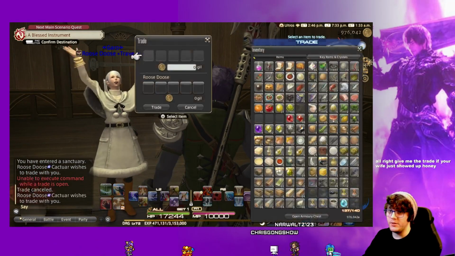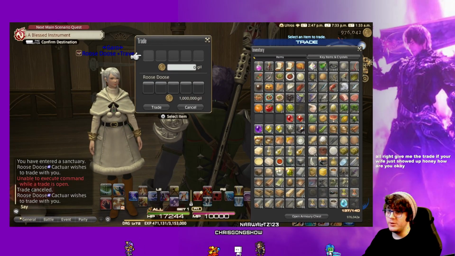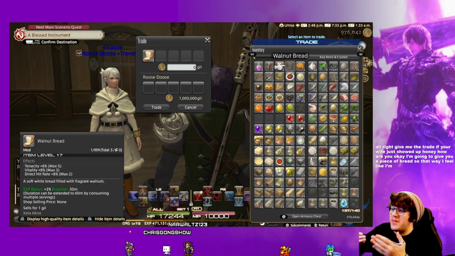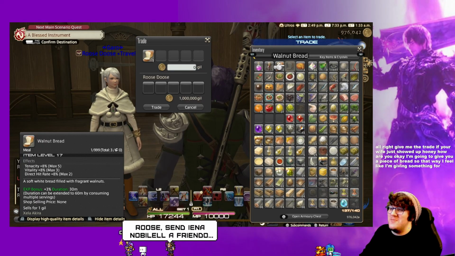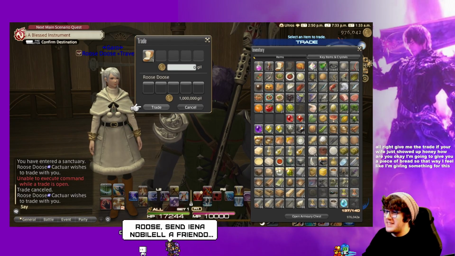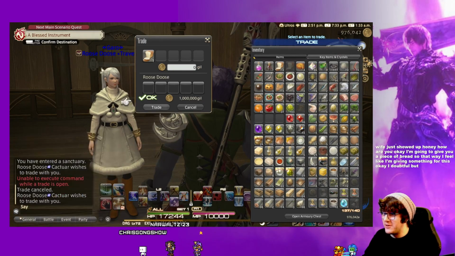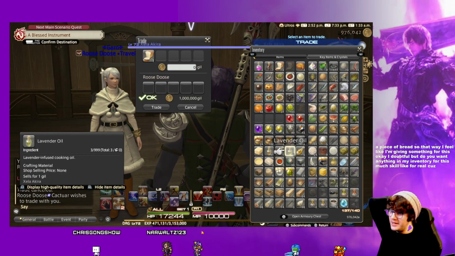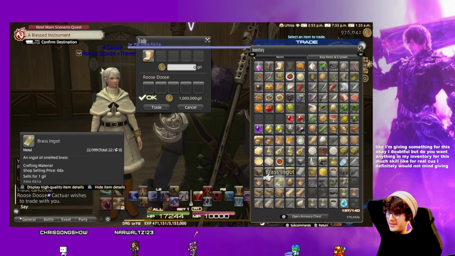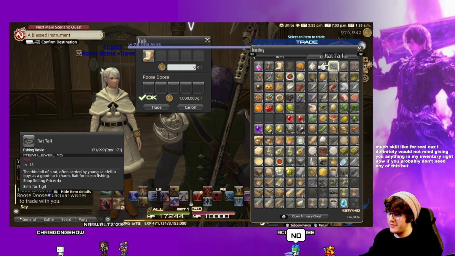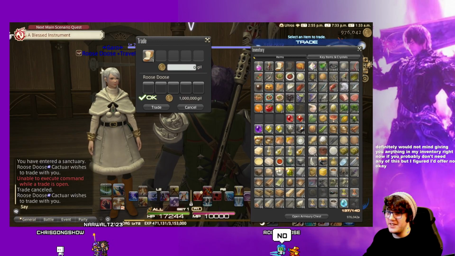Honey, how are you? Okay. I'm going to give you a piece of bread so that I feel like I'm giving something for this 1,000,000 gil. Doubtful, but do you want anything in my inventory for this much gil? For real, I definitely would not mind giving you anything in my inventory right now. You probably don't need any of this, but I figured I'd offer. No? Okay. Just making sure.